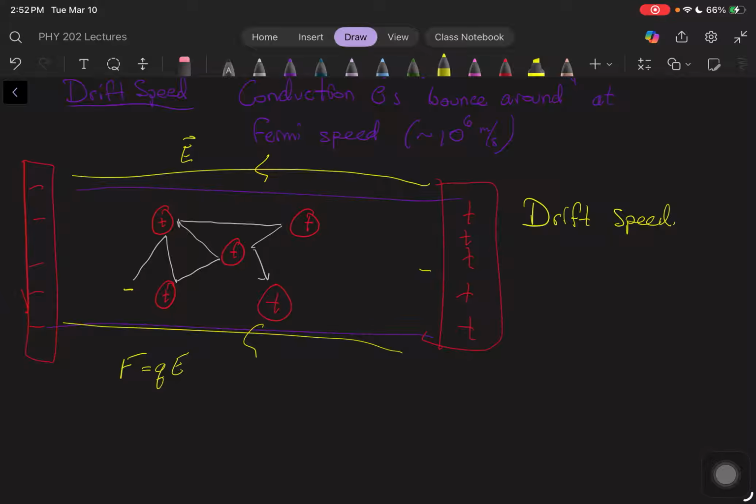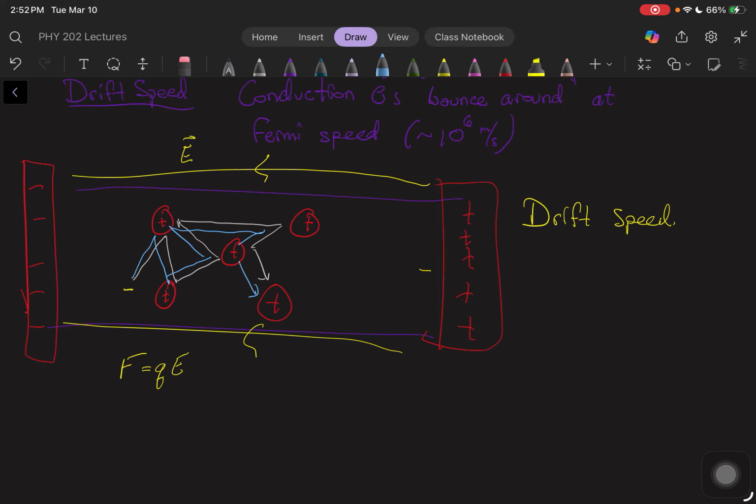If we were to draw the path this would take in the absence of an electric field, maybe it goes up here, comes down here, and goes back here. So it's just going to be slightly off.